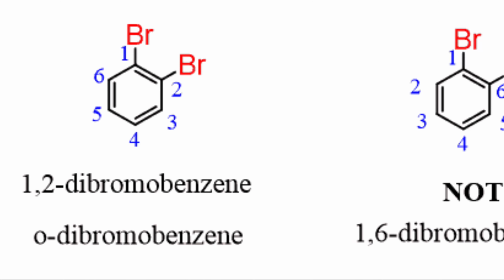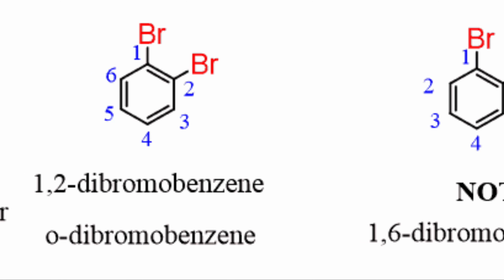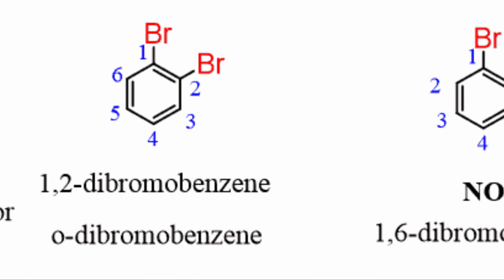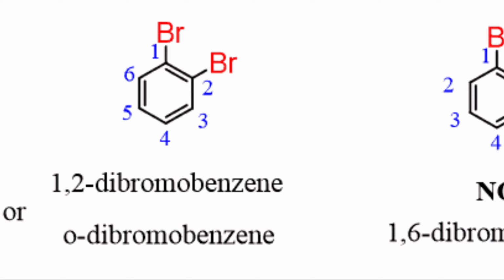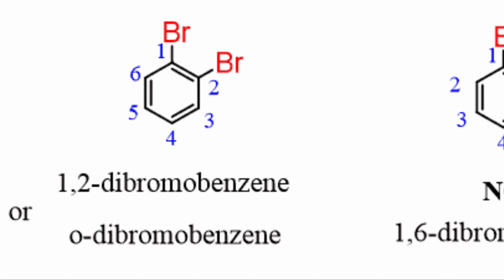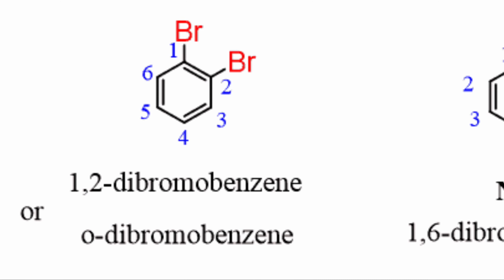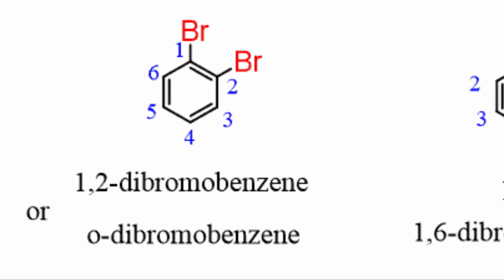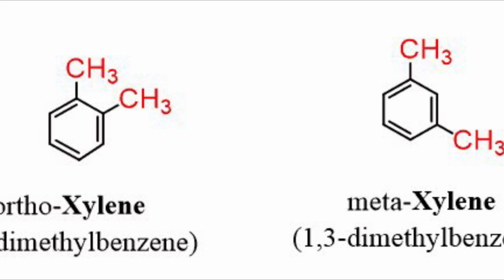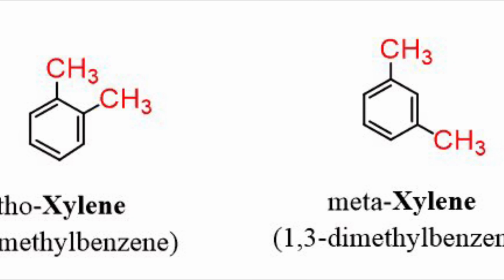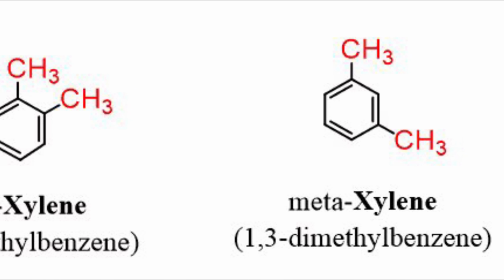If it is numbered in the anti-clockwise direction, the bromine atoms get the numbers 1 and 6. So, we select the first way, the clockwise numbering, so that the substituents get the lowest possible numbers. 1,2-dibromobenzene is the name.